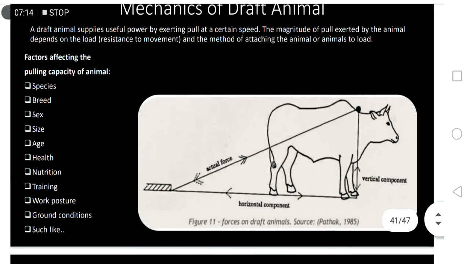Another is health. Of course, a healthy animal in good condition can provide greater power than an unhealthy one, as well as nutrition and training. If the animal is trained on that specific task, then it might provide greater power than an animal that is not trained.